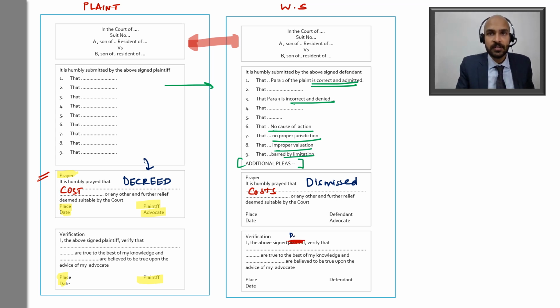This is the defendant. And so you can see here that the signature in this case is of both the defendant and the advocate, whereas here it's only the defendant. So with this, I think we've given ourselves a pretty fair idea of what pleadings are with respect to Orders 6, 7, and 8 of the CPC. Thank you very much.